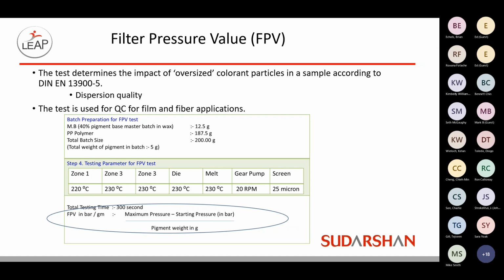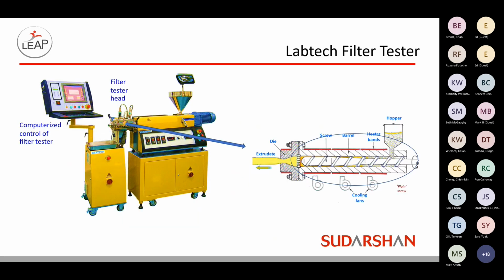So in the work that we did to present this webinar, we selected a number of chemistry pigments and also a number of grades within that particular class of pigments. And we ran each of them through the filter pressure value test method, which is simply a small lab scale extruder where the material is sent through the extruder and passed through the appropriate die.